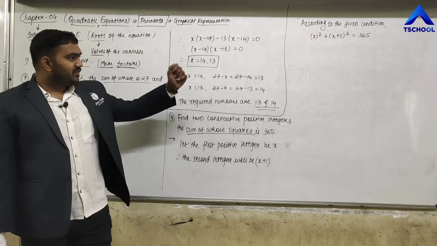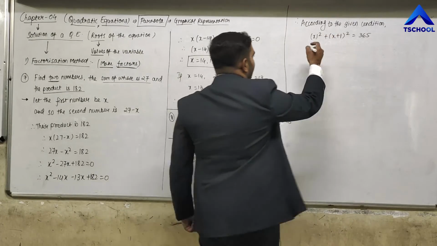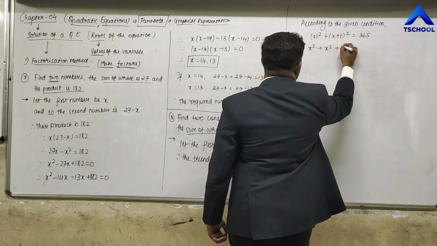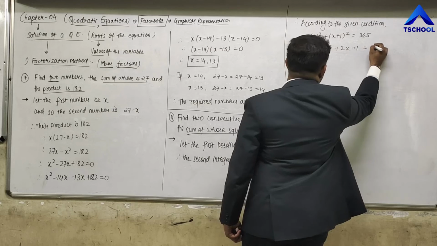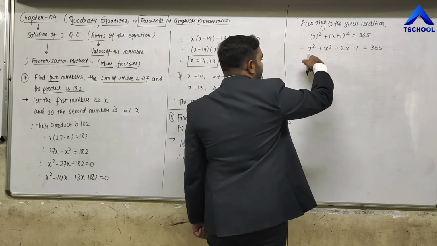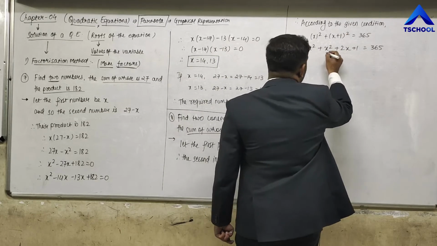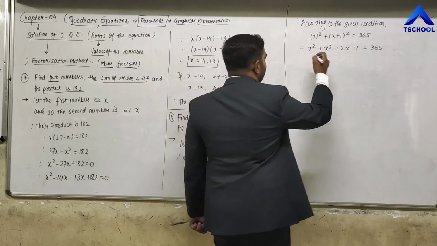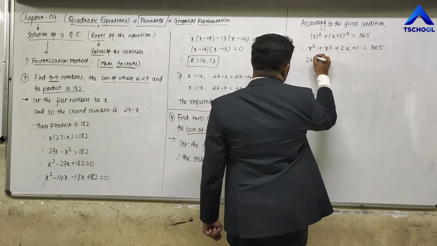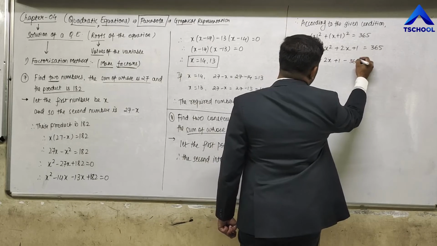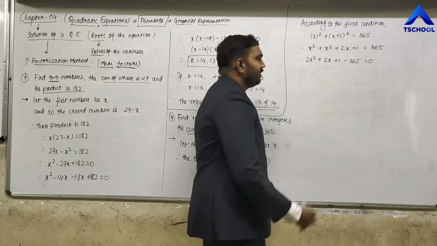Yes or no? So we got this equation here. Let us solve it. Therefore, x square plus x square plus 2x plus 1 is equal to 365, since x plus 1 square is x square plus 2x plus 1. Therefore 2x square plus 2x plus 1 minus 365 equal to 0.